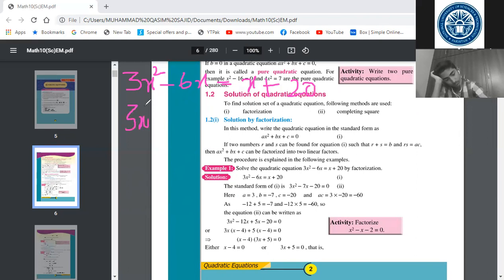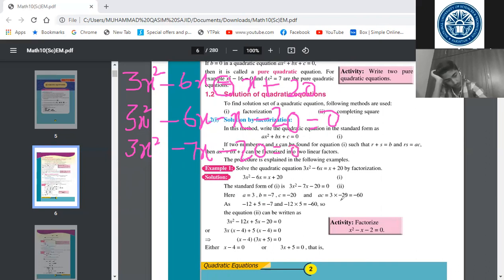Now 3x square minus 6x, then this is positive, and when it crosses the equal sign, the sign must be converted into negative, and this one is also converted into negative. This must be 3x square minus 7x minus 20 equals 0.